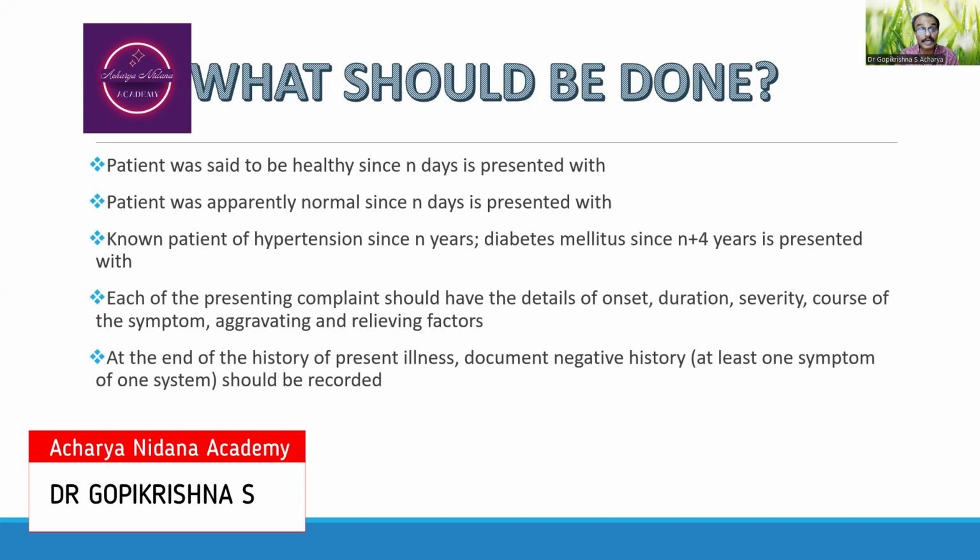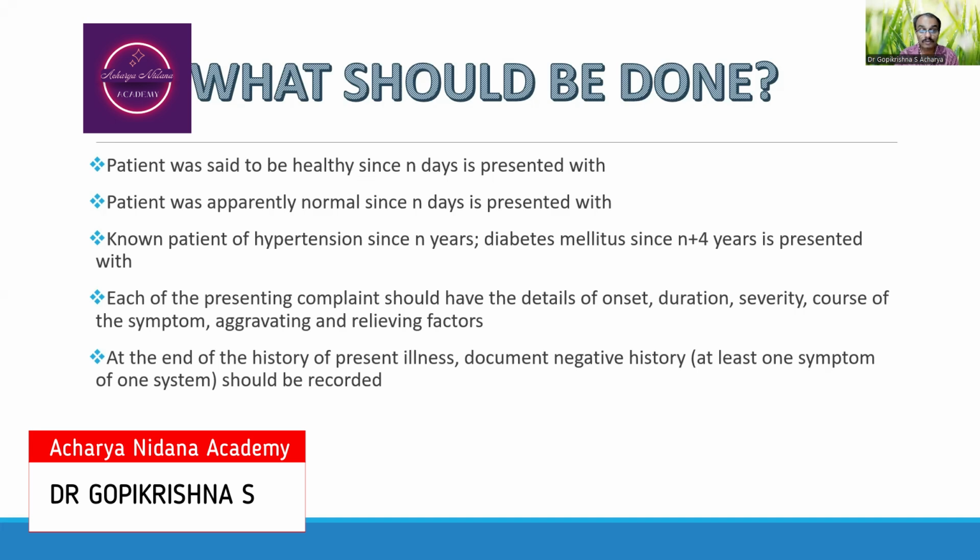Otherwise, if the person is having hypertension or diabetes mellitus, the person is a known patient of diabetes mellitus since 6 years and known hypertensive since 3 years. In that way, he is presented with. That will be the way of writing the case history.